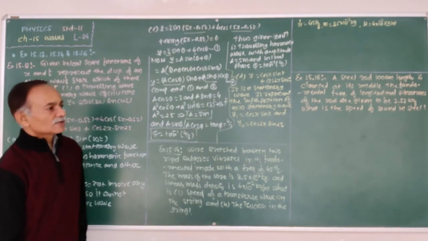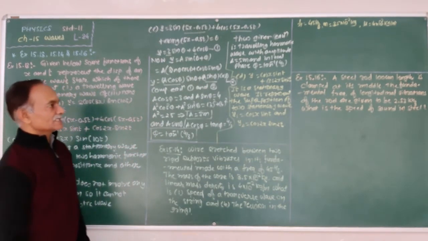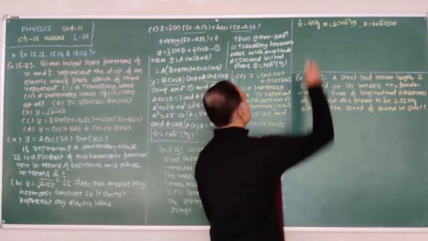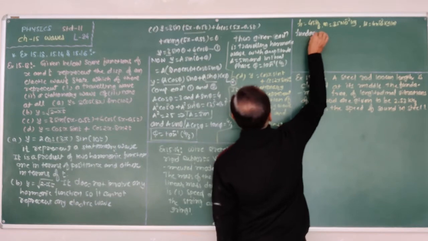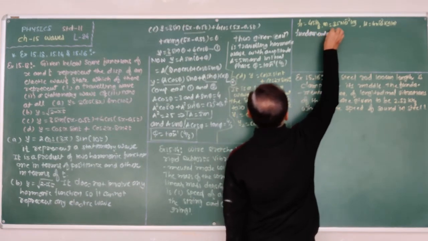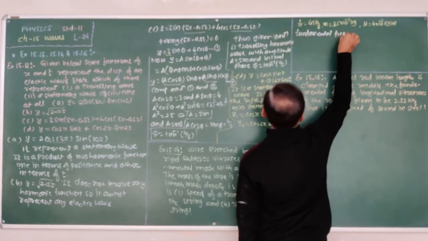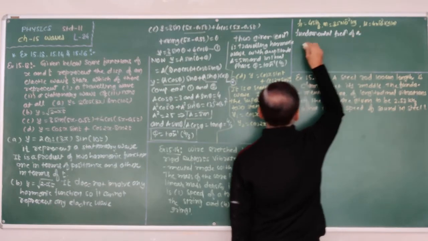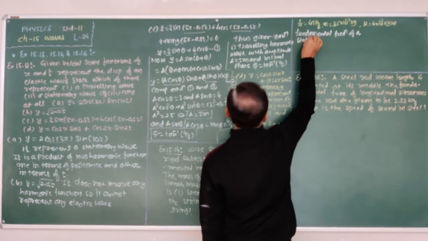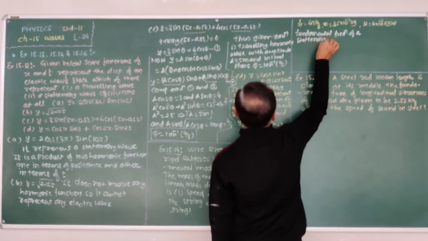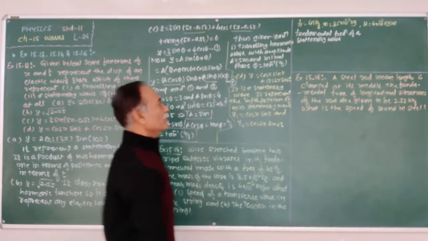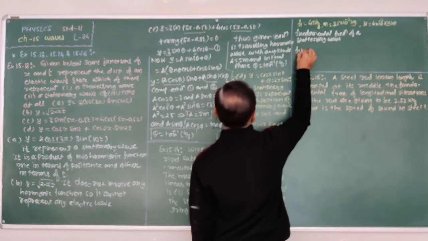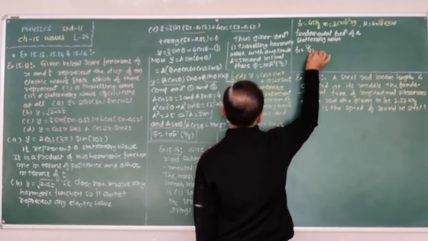So we know that the fundamental frequency of a stationary wave, F1, is equal to V upon 2L.